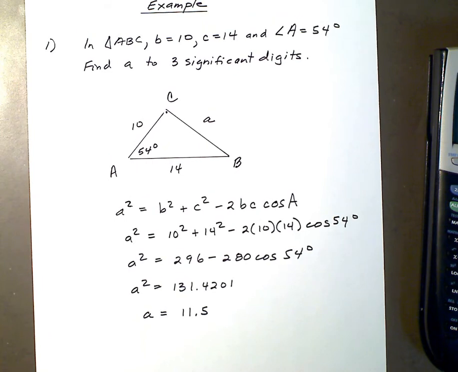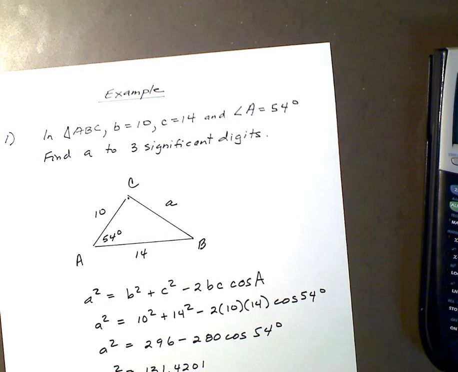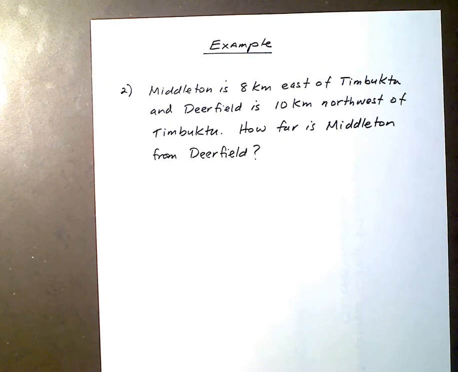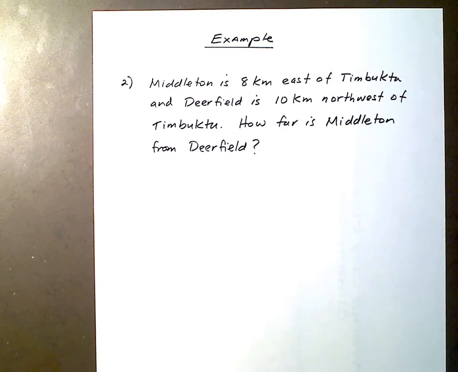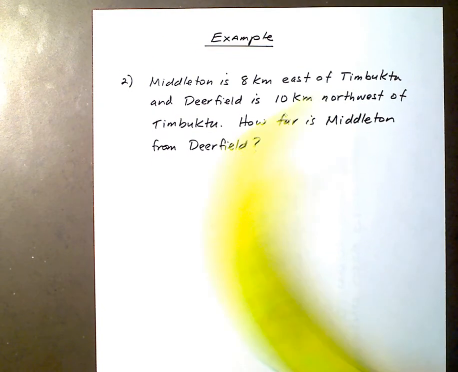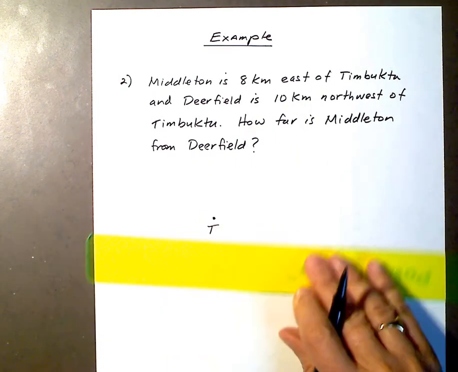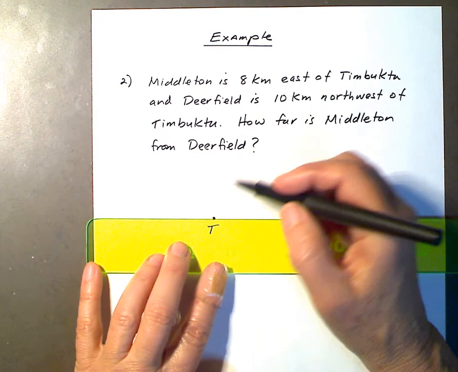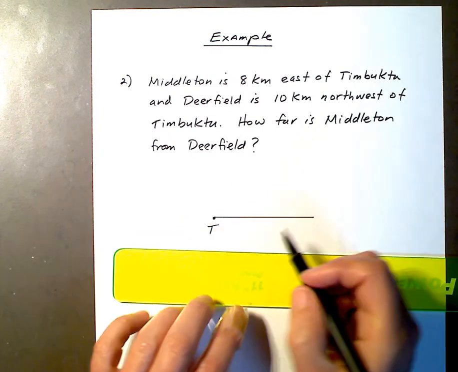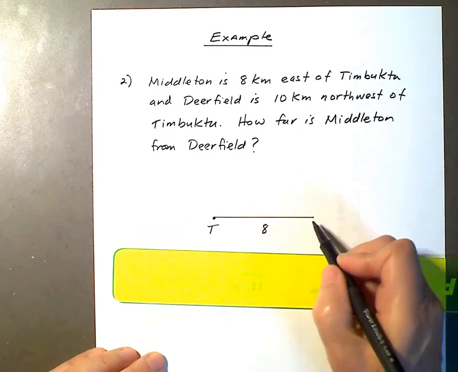Okay, now the second example is where I've got 3 towns here: Middleton, Timbuktu, and Deerfield. And it tells me that Middleton is 8 kilometers east of Timbuktu. So I'll put a T for Timbuktu, and Middleton is 8 kilometers due east.